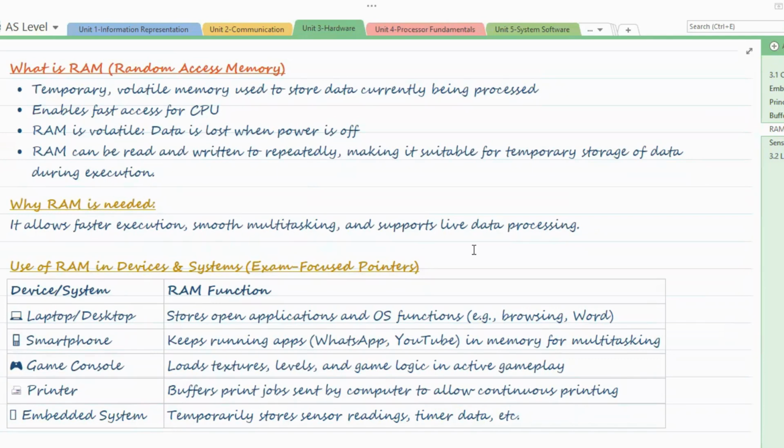Second, RAM is read and write memory, so the CPU can both read data from RAM and write new data into RAM. Also, RAM provides fast access to data compared to secondary storage.